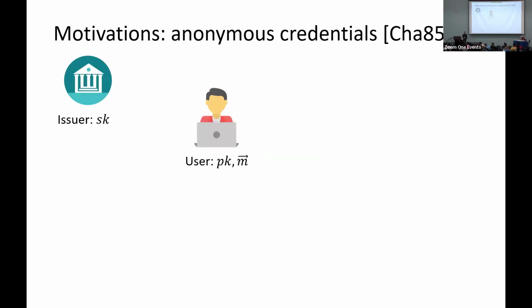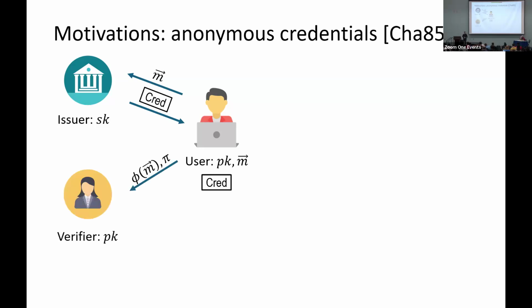Another use case is anonymous credentials. In this scenario, the user wants to obtain a credential from an authority for a set of attributes. Later, the user can present the credential and a set of attributes to a verifier in an anonymous way, which means that the showing cannot be linked to the issuance.